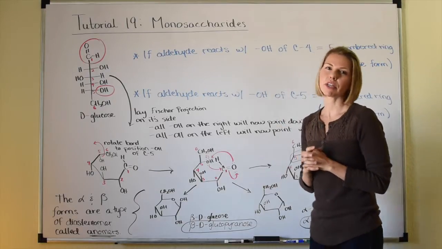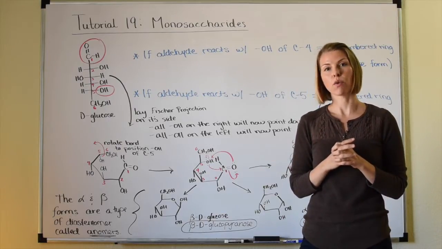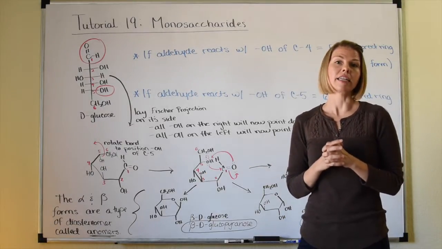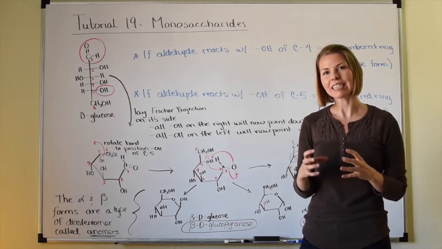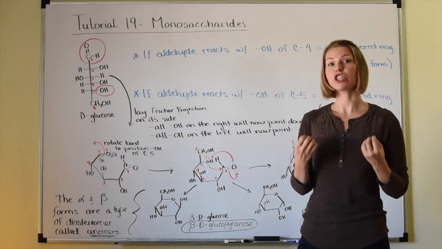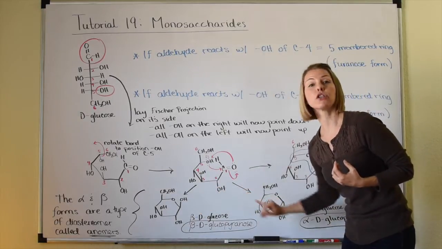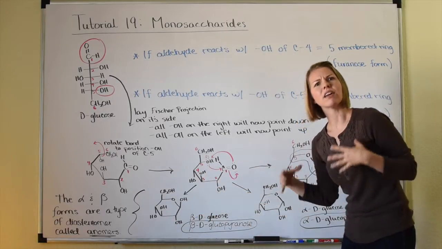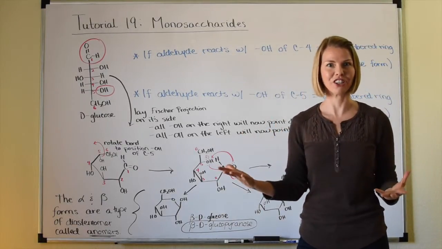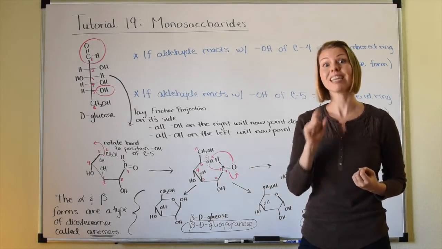Okay. And this can be very important because you'll probably be doing some tests in the lab, testing for the presence, for example, of an aldehyde, the presence of a reducing sugar. And it's important to really understand how these molecules exist in that solution. If you're just thinking of D-glucose as existing in these two cyclic hemiacetal forms, then you're not really going to understand why you get a positive test for a reducing sugar, because you're not thinking about the functional groups that are really truly present in solution.